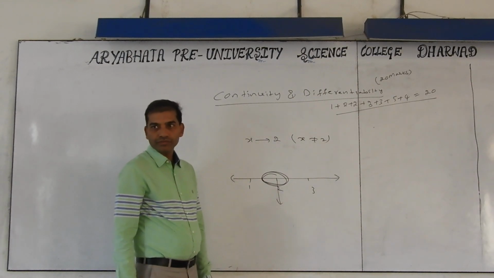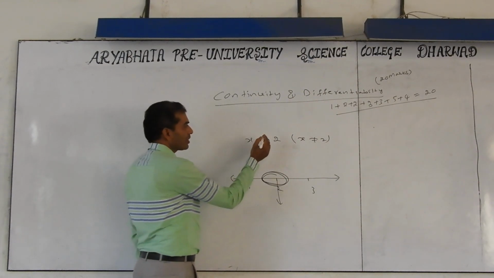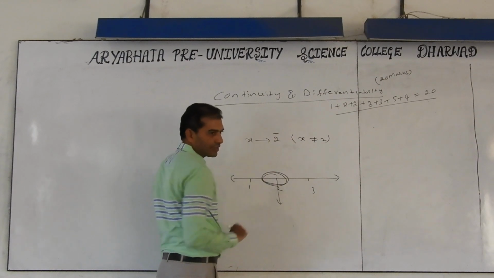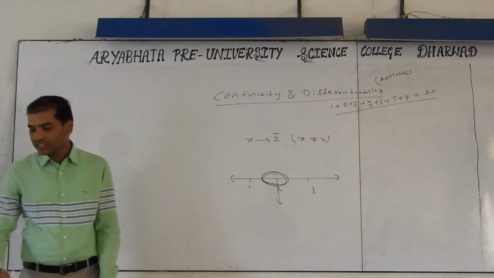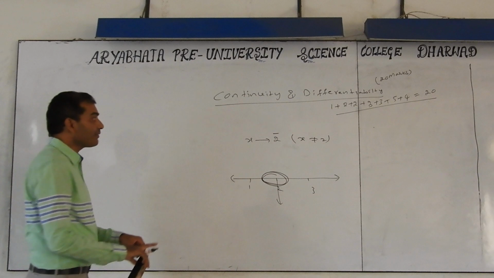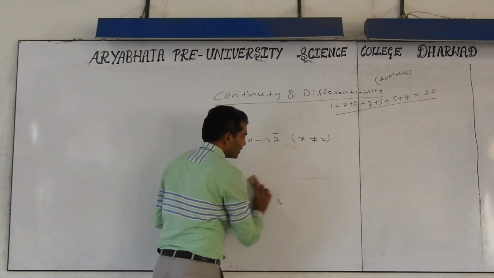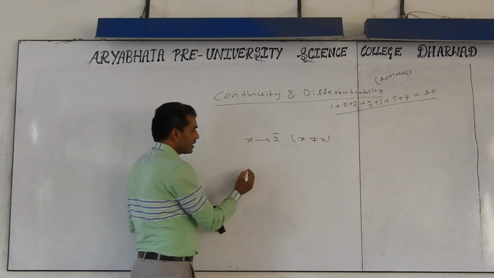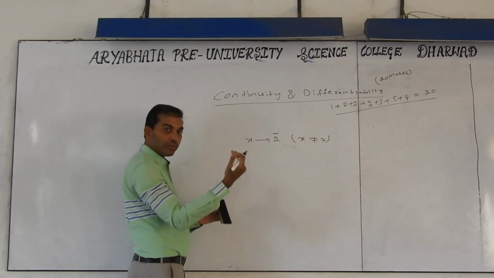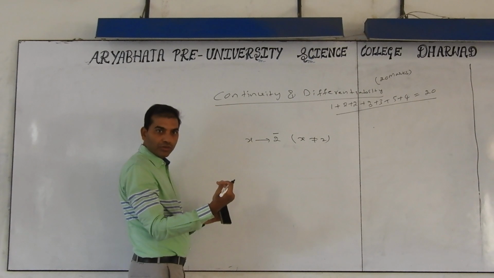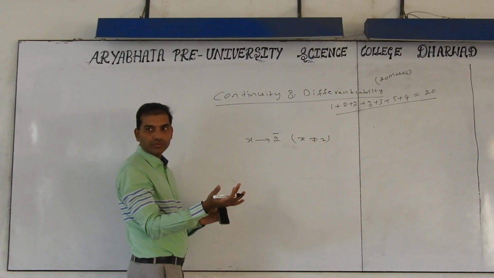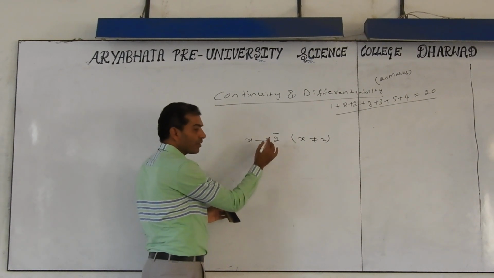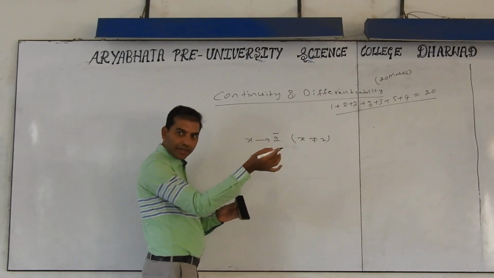First let us discuss x tends to 2 minus. X tends to 2 minus means the left neighborhood of 2, that is, below 2 and very close to 2, meaning 1.9, 1.99, 1.9999.